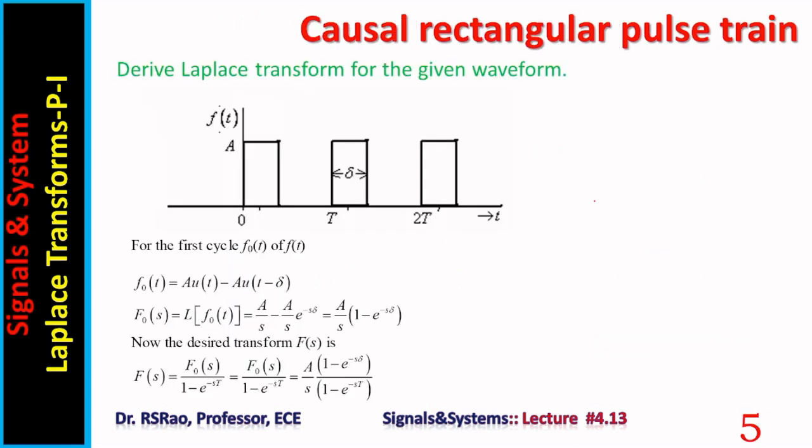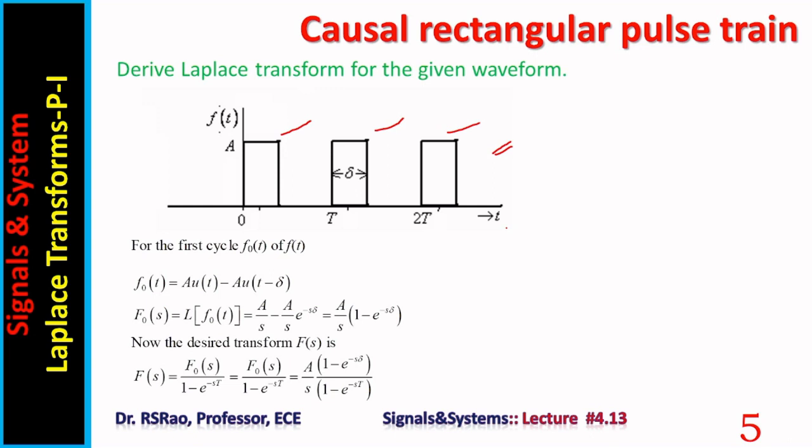Now we consider another problem. This problem is also based on a causal periodic signal. Here the signal is rectangular pulses. Several pulses are there. Notice that all these pulses are on the positive time side.